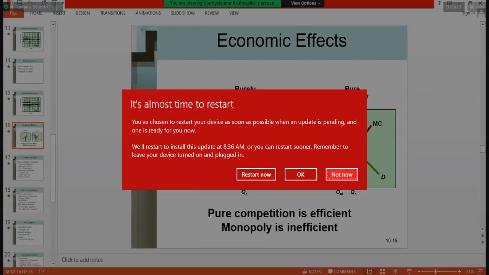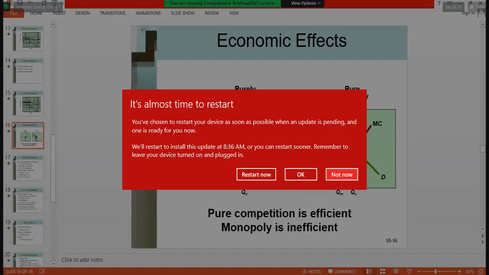So in the long run in the pure competitive market we achieve productive efficiency, price equal to minimum average total cost. So we are producing the product at the least cost. Both efficiencies are achieved in the pure competitive market in the long run.